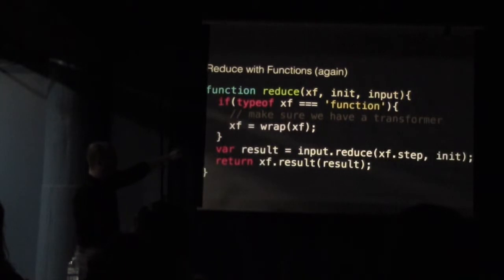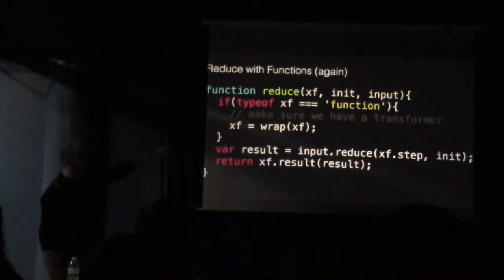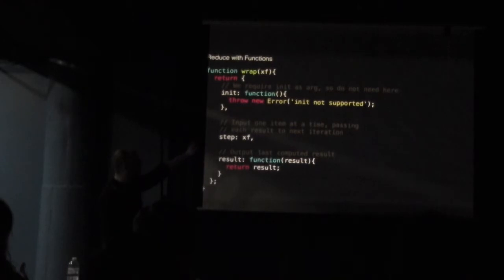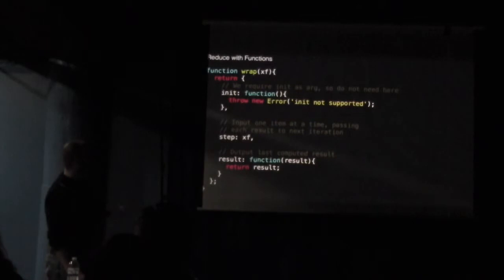But before we do that, what we pass as the first value could be either a transformer with step, init, and result, or it can be a function. If it's a function, it calls this wrap method, which is just what we saw before. We don't need the initial value, so we pass it in. The step function, or the reducing function, is called step, and the result is just going to return you back to result for now. It's just an identity function.